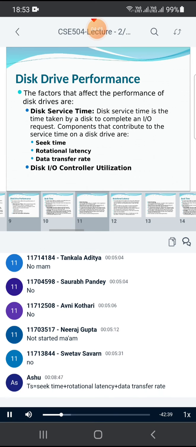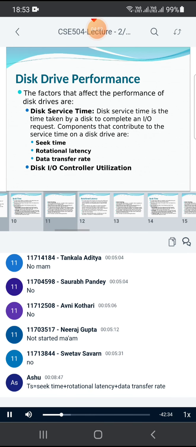Disk service time TS is equal to seek time plus rotational latency plus data transfer rate. So we need to sum up all these three things to calculate the total disk service time.